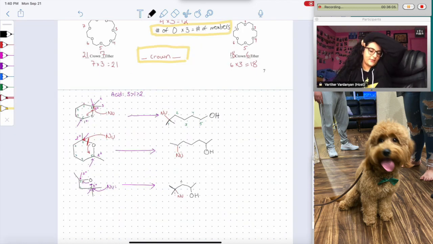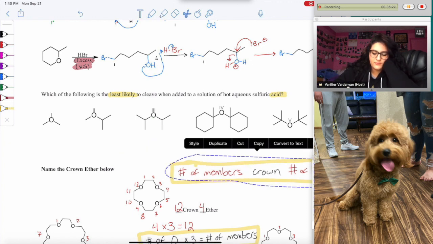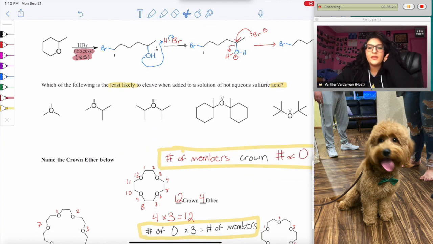The last thing we're going to talk about for ether cleavage is an example of an exam-like question. And it says, which of the following is least likely to cleave when added into a solution of acid? Right? So we already talked about what we like in terms of primary, secondary, tertiary, allylic, benzylic.